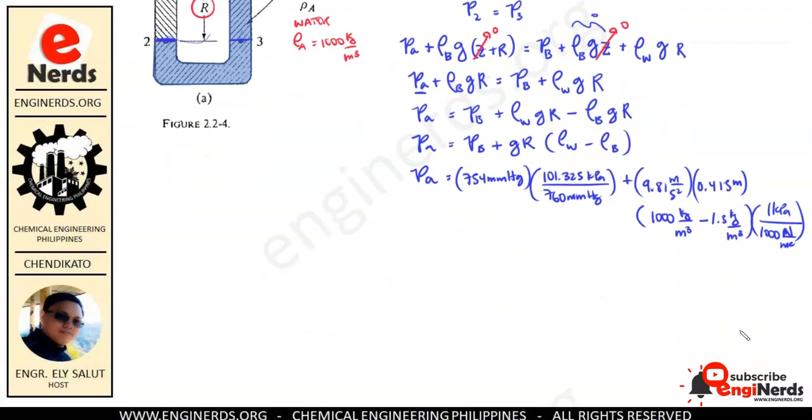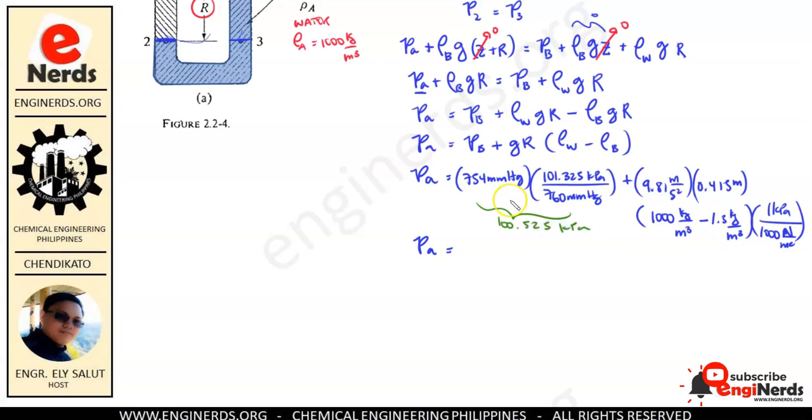Okay, so this is now in kilopascal. So what is our answer here? We have pressure in A is equal to 754 millimeter mercury times 101.325 kilopascal over 760 millimeter mercury, which is actually equal to 100.525 kilopascal.